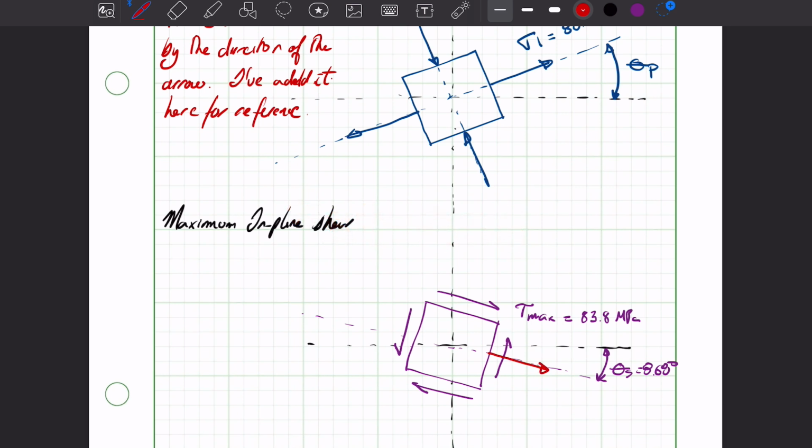So I'm going to fix this axis here. Okay, so this is sigma average equal to 5 megapascals, but also at 8 degrees we have the positive drawn average. So this is also the average normal stress of 5 megapascals.